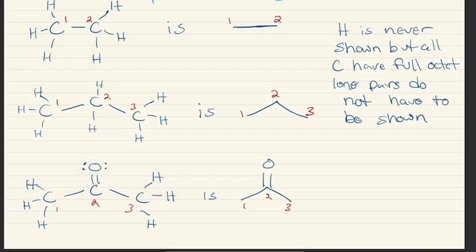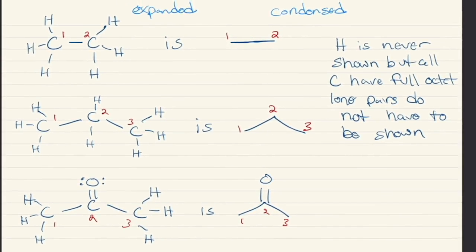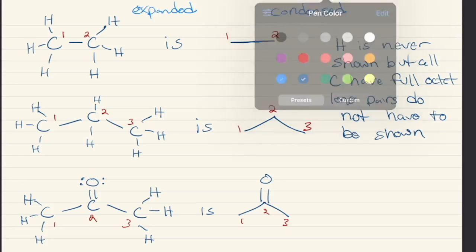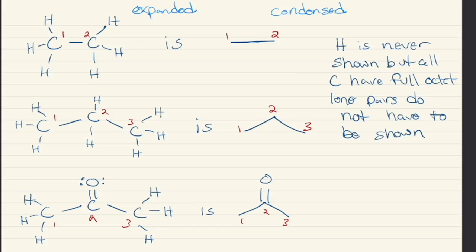So if you take a look here at the expanded versus the condensed form of different molecules, what I have shown you are pretty straightforward carbon molecules, and in one case we have carbon, hydrogen, and oxygen. But what we have is hydrocarbons, and in some cases carbohydrates.